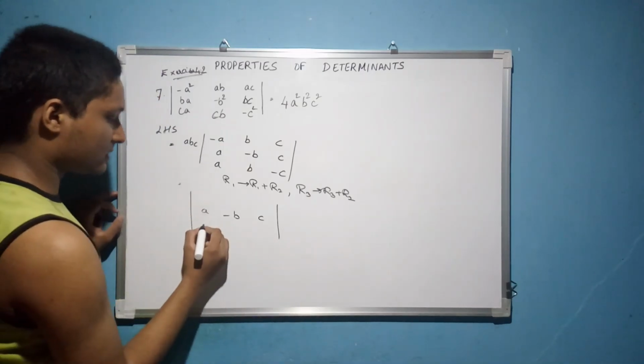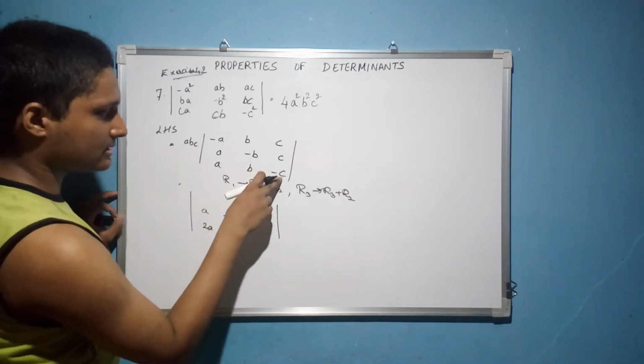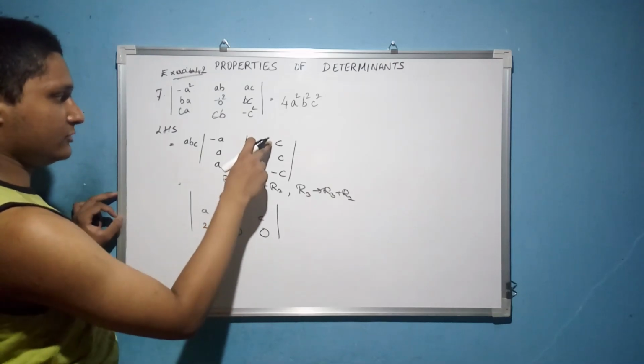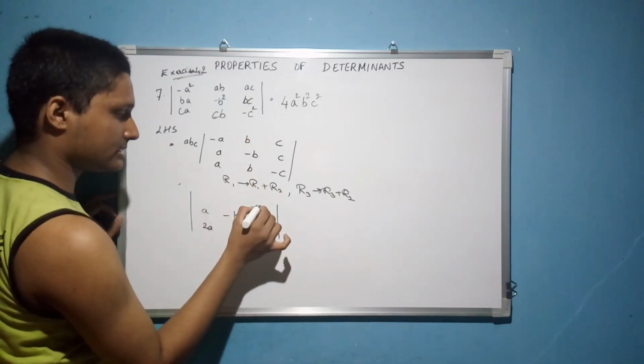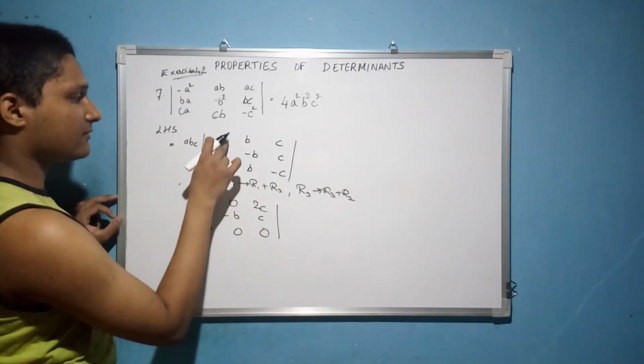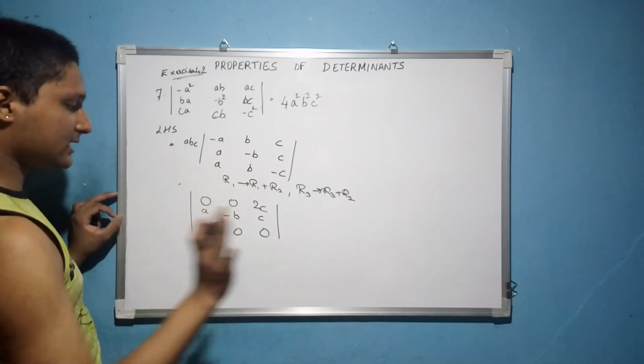So a plus a becomes 2a, b minus b is 0, then minus c plus c is going to be 0 here also. Then you have c plus c is 2c here, then b minus b is 0, then minus a plus a is equal to 0. So these many things we got.